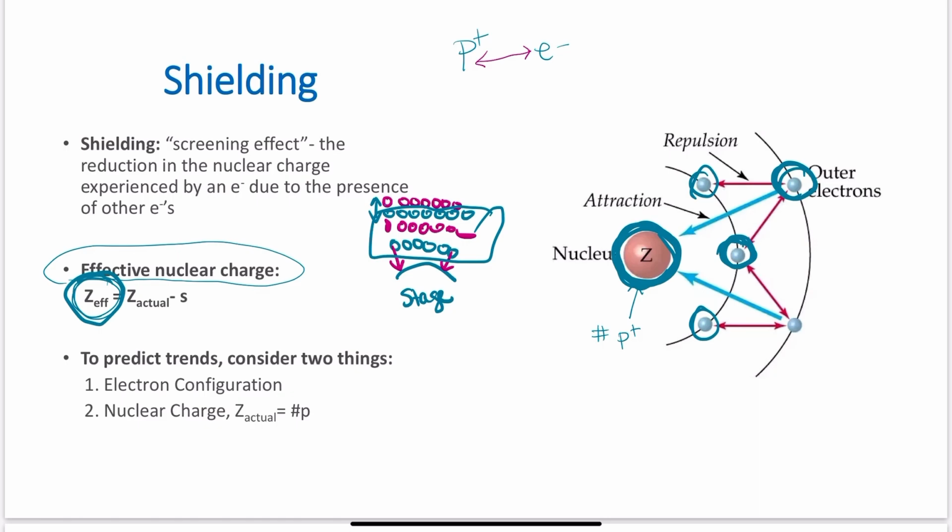So to predict periodic trends, we need to consider two different things. We need to think about your electron configuration and your nuclear charge. What I mean by that is your Z actual or Z effective. Z effective is what it's actually feeling, but we do want to consider the actual number of protons because then we can think about where the electrons reside and how much the nucleus is actually pulling towards itself.